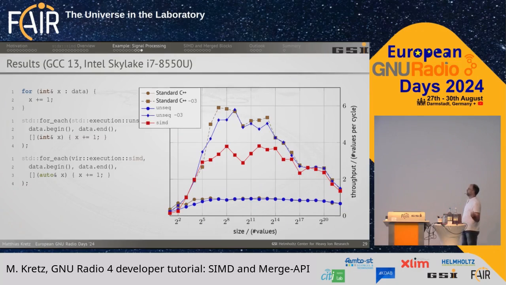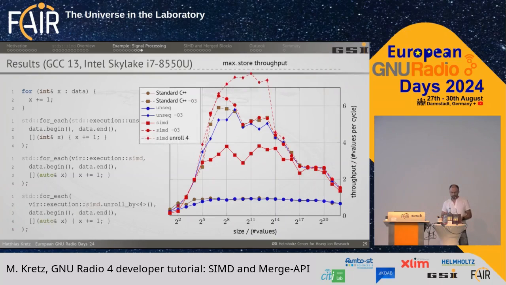Why is unseq slower than the normal for loop? This is just embarrassing. And then with SIMD type execution policy, it's still a bit faster. So the O3 did something more than just vectorize. It did something that also helped the SIMD execution policy. It's probably doing unrolling. But I can say unroll by myself. And you're seeing this line up here. That's the theoretical maximum store throughput of that machine.